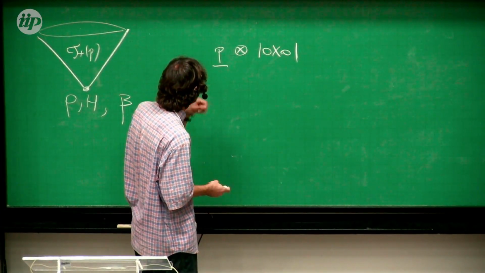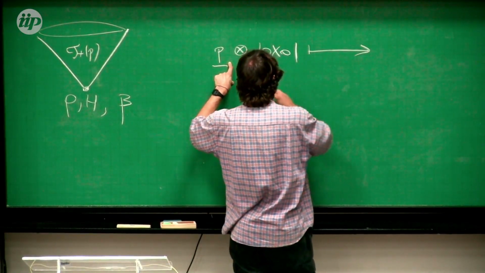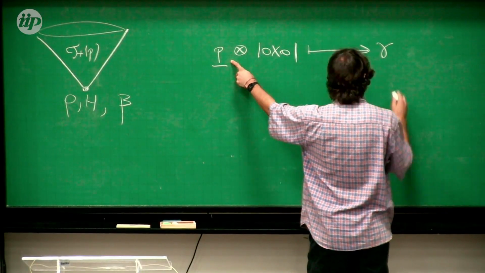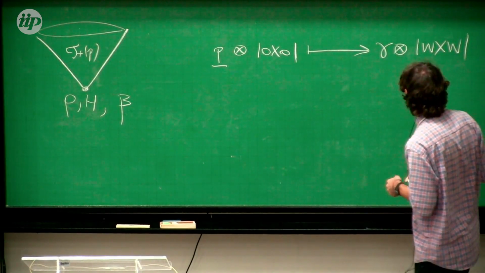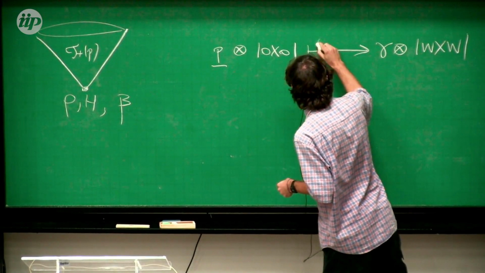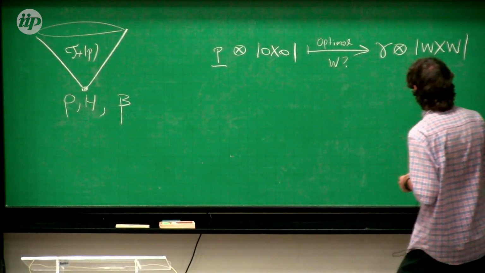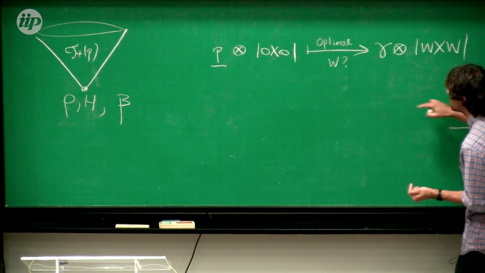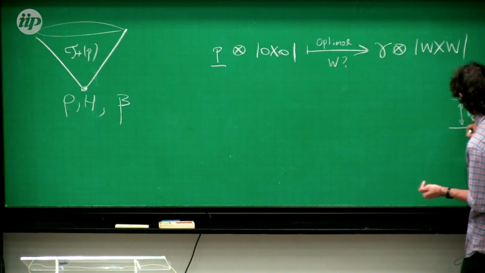Now what you ask is: what is the optimal transformation such that you thermalize your initial system and you charge this battery to some state W? So you ask for optimal W. For example, we could imagine that this battery is a qubit system whose energy difference is W.